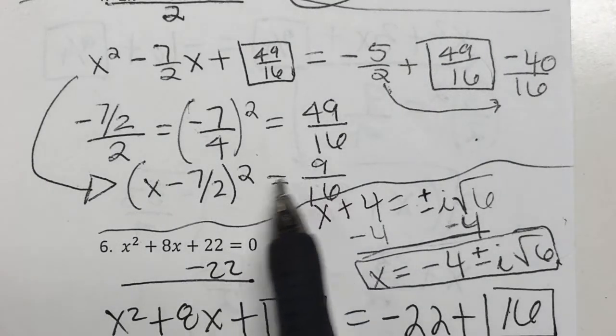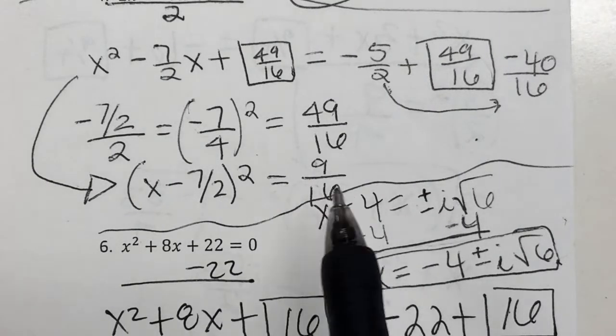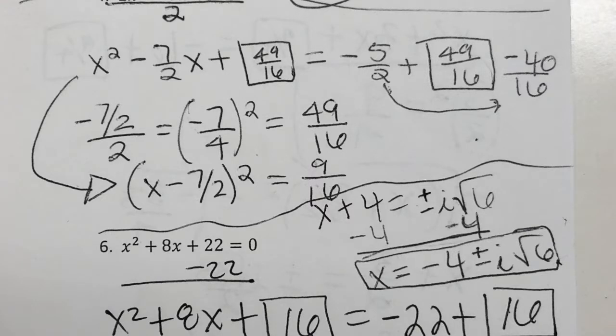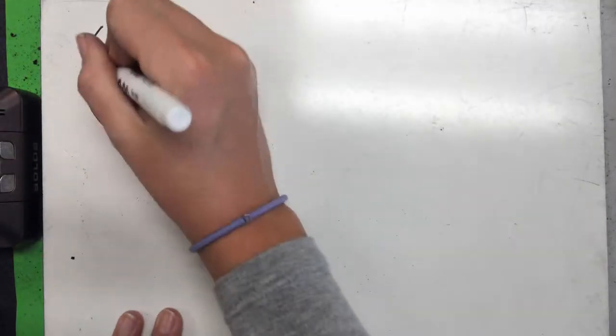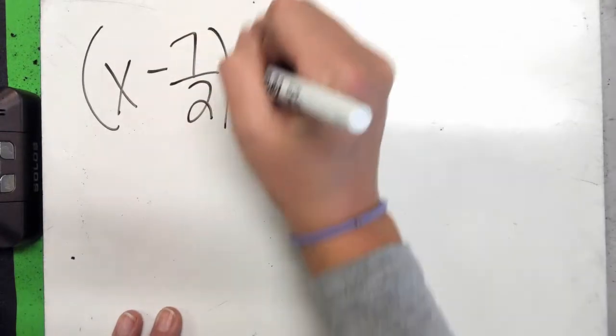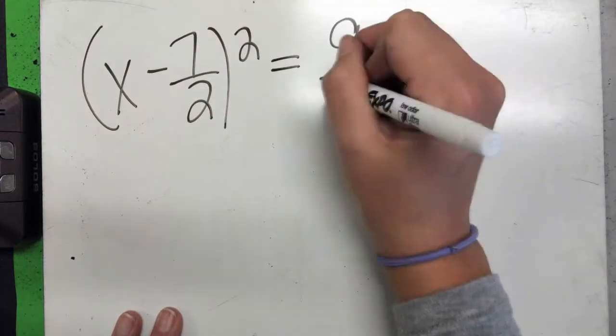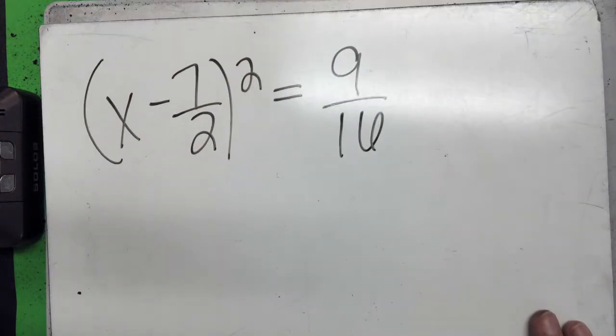Alright, so we're right here. And 9 over 16 is really pretty. Why? Good. I'm going to come on my whiteboard because I just write too big. So here's where we were at. X minus 7 over 2 squared equals 9 over 16. What do we do next? Square root.